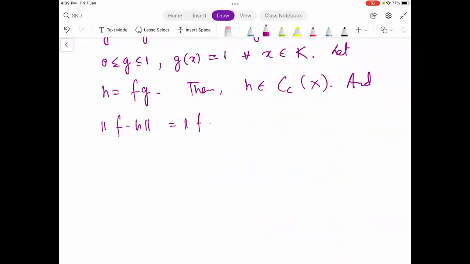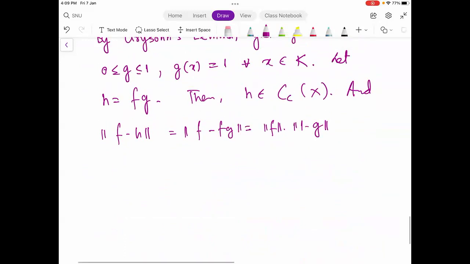The supremum norm of f minus fg is equal to the norm of f times (1 minus g). Now, 1 minus g vanishes on K. So this will only survive outside K, where f is small.